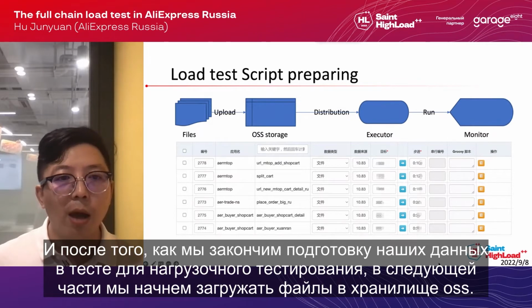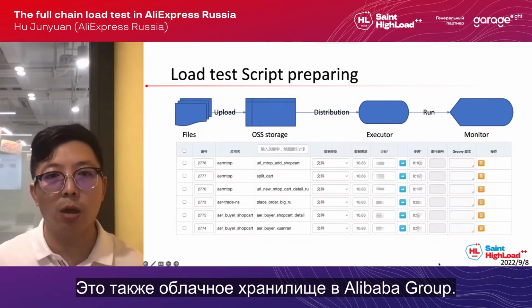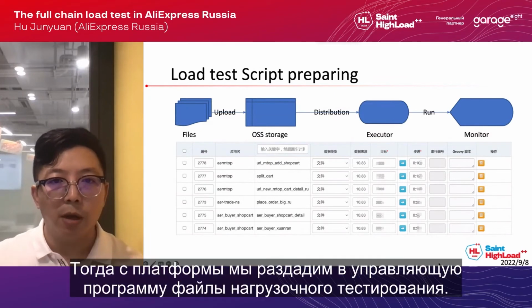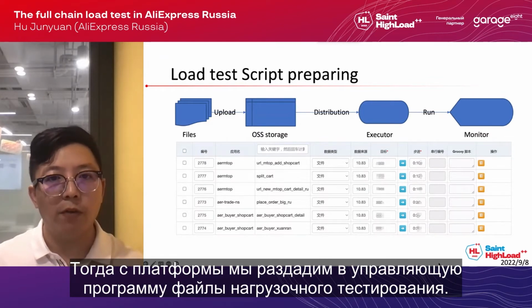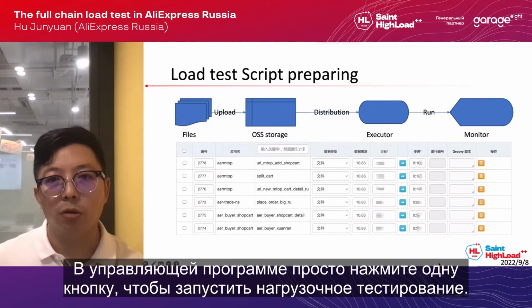then next, we start to upload the files to the OSS storage. OSS storage is also a cloud storage in Alibaba Group. Then from the platform, we will distribute the load test files to the executor. In the executor, just do a one button click to run the load test.